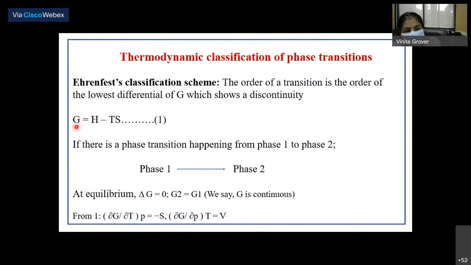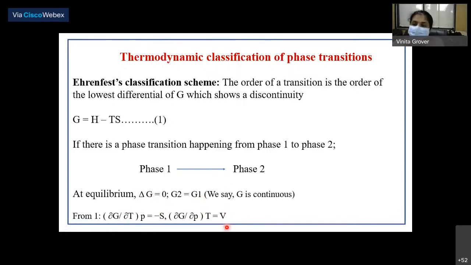The first derivative of free energy with respect to temperature, del G by del T, is minus S. And if you differentiate it with respect to pressure, you will get del G by del P, and that is V. So, the first derivative of free energy with respect to temperature is entropy, and the first derivative with respect to pressure is volume.